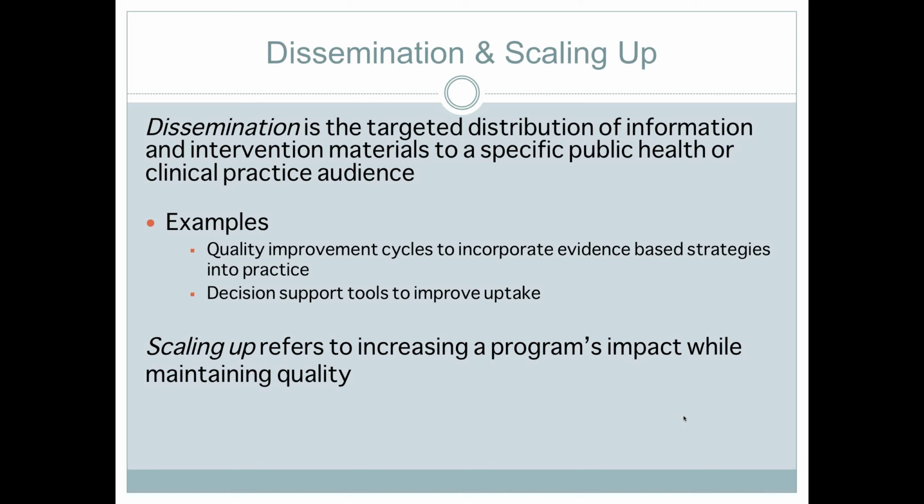So health departments might review evidence on an annual basis and then change their practice procedures at all of their health department clinics based on the newest evidence. So the standard of care can switch based on quality improvement cycles of review.